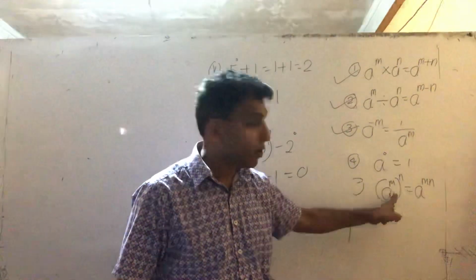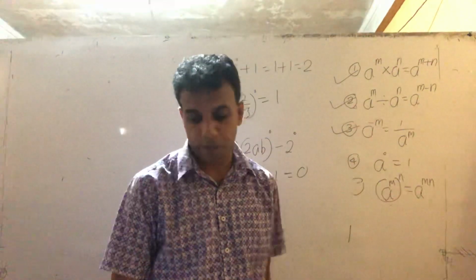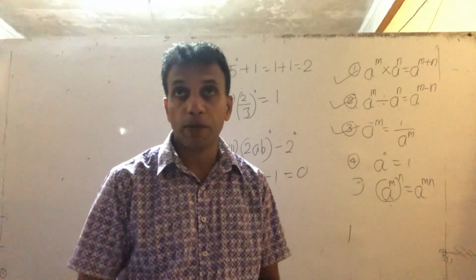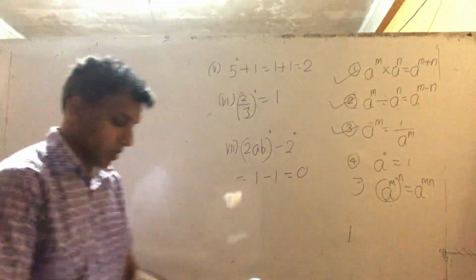So this rule, power of a power, multiply the powers. I'll show example problems involving this.